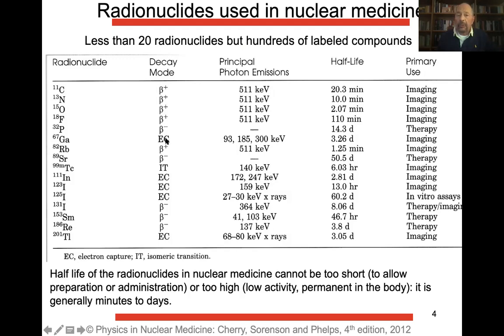In some cases, you exploit instead electron capture, like for gallium, for indium, for iodine, not for iodine 131, which is one of the most used for thyroid imaging. And this does not include the alpha emitters that are used only for therapy, of course. So this gives you an idea of the half-life, and this gives you an idea of the energy which is emitted in correspondence with these transitions.